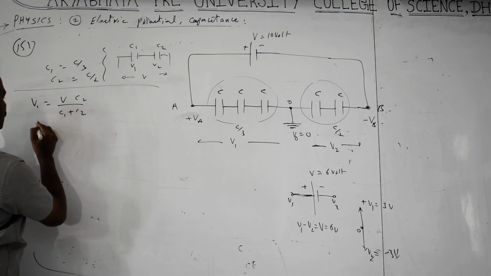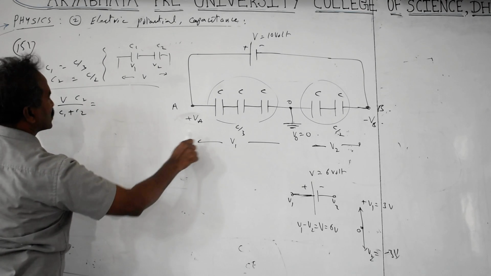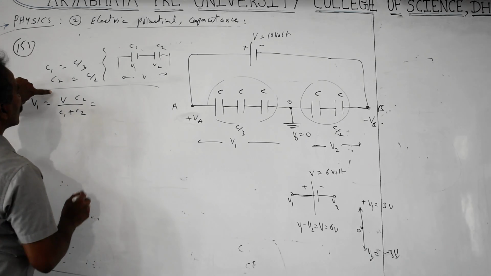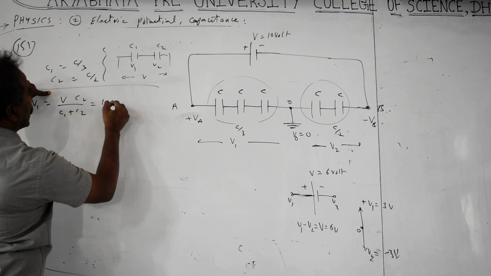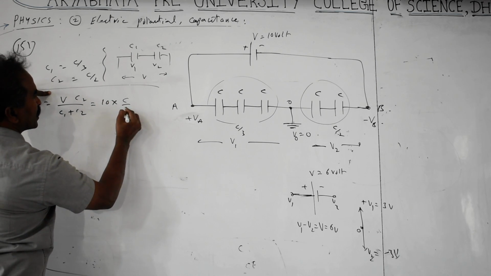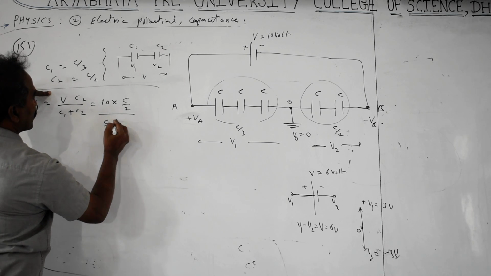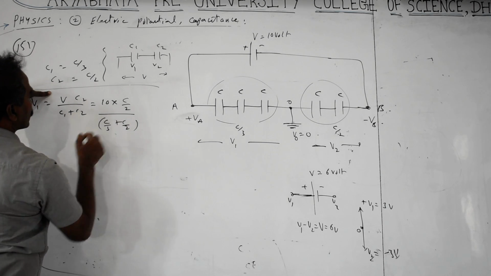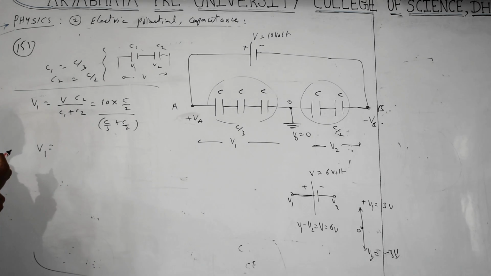What does this result become? V1 is related to the positive voltage with respect to 0, the total voltage is 10, into C2, which is C by 2, by the total capacitance C by 3 plus C by 2. How much are you getting? C, C cancels, 6.